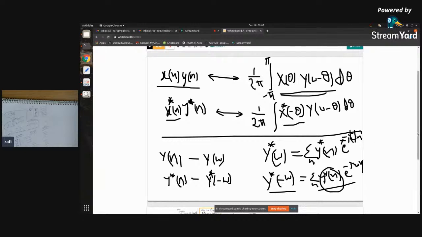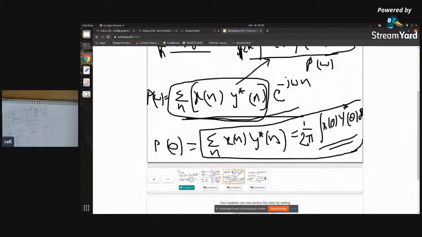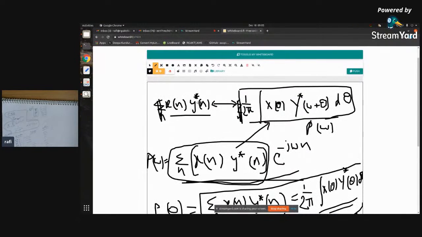Now if you take conjugate for the other signal, minus theta will become plus theta and plus theta will become minus theta, simple. So this is your modulation property for complex signals, if one of the signals is complex.